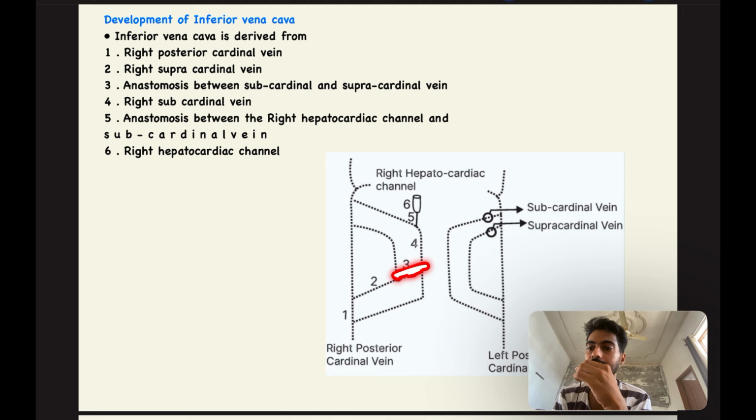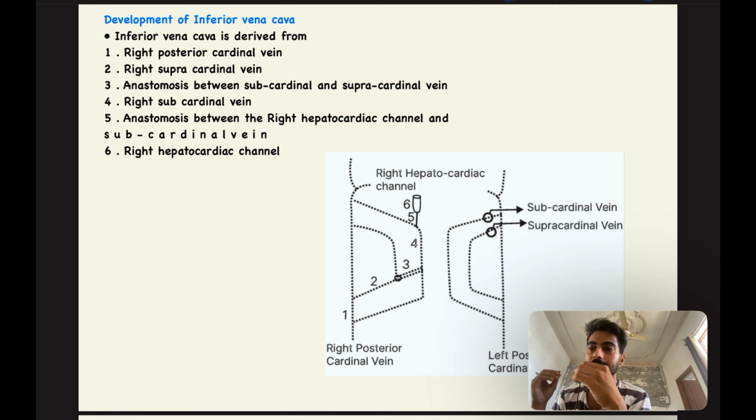So these are the four structures and two anastomoses. They are between the subcardinal and supracardinal vein, and between the right hepatocardiac channel and subcardinal vein.